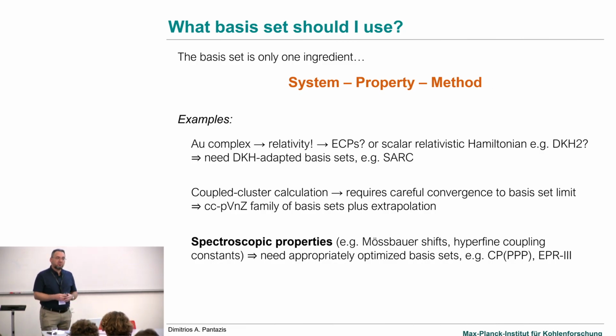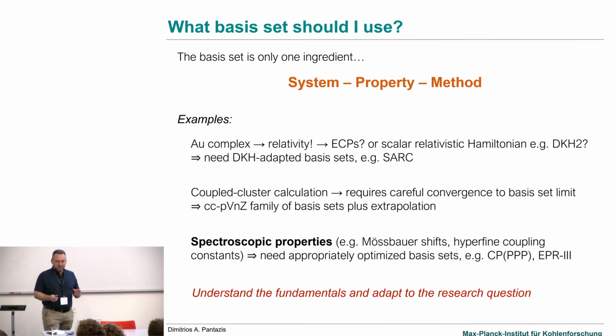And what kind of spectroscopic properties are you interested in? Like if you want hyperfine coupling constants or Mössbauer shifts, for example, then you need to worry about the spin density or the charge density at the nucleus, and then this means you need to have flexibility at the nucleus. So you need to have a good match of all these aspects.